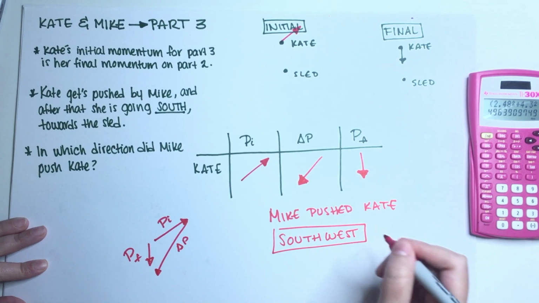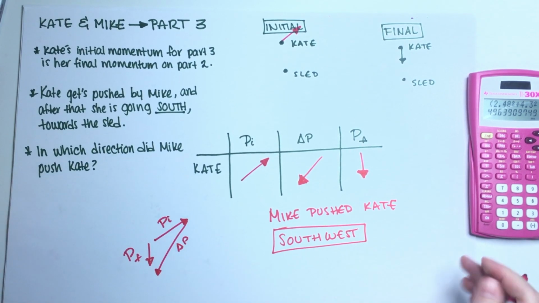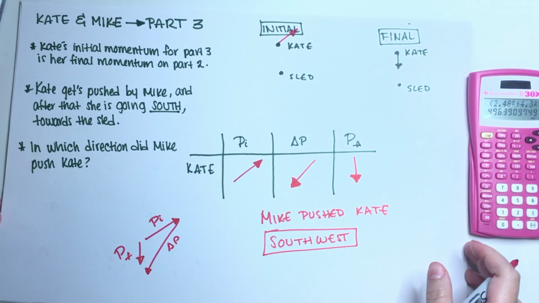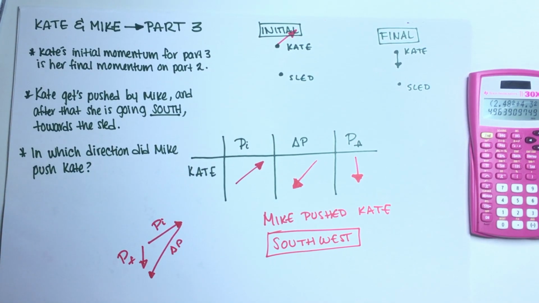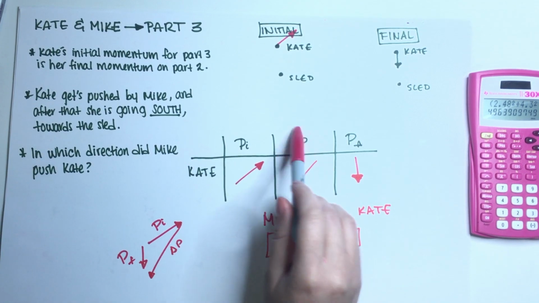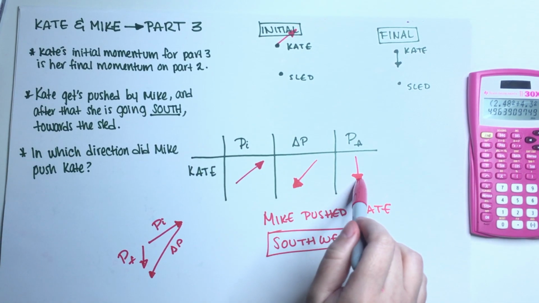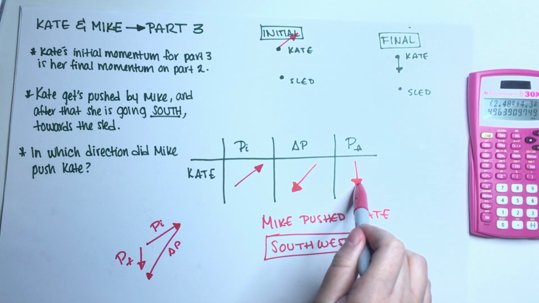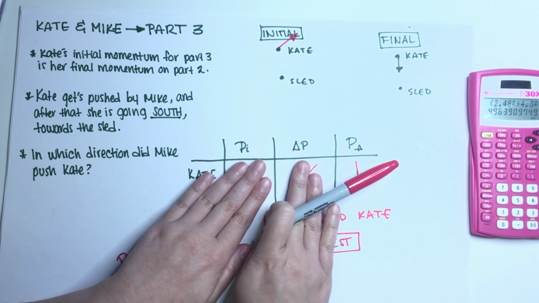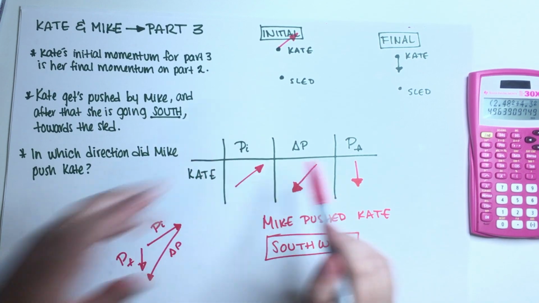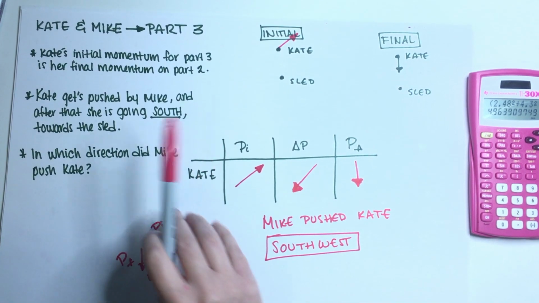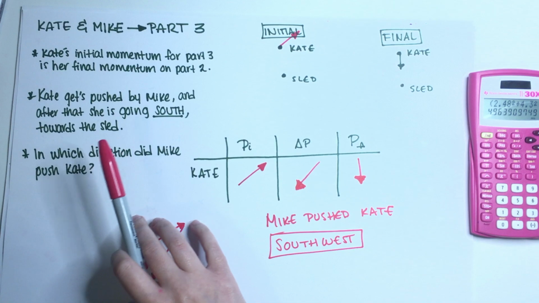Again, this was a very easy part 3, but this was a very long quiz, so a lot of people just went ahead and said south just because Kate was exactly north of the sled. But no, because Kate had an initial momentum. So when you have an initial momentum, you need to adjust your delta P in order to get the final that you want. Pushing south would have only worked if she didn't have an initial, because 0 plus south equals south, but she did have an initial, so that is what makes it not work.